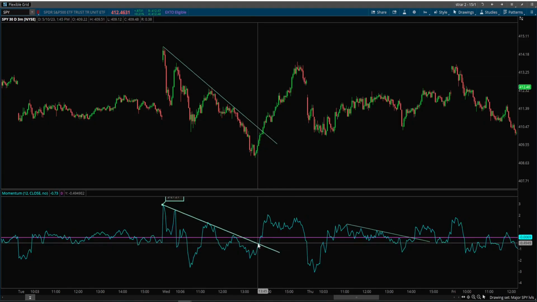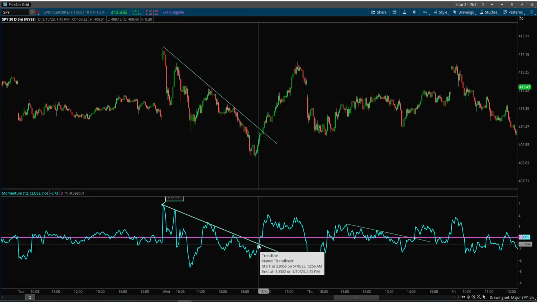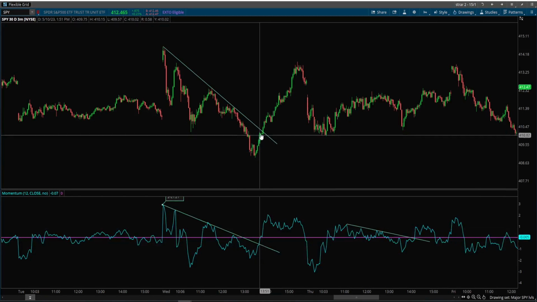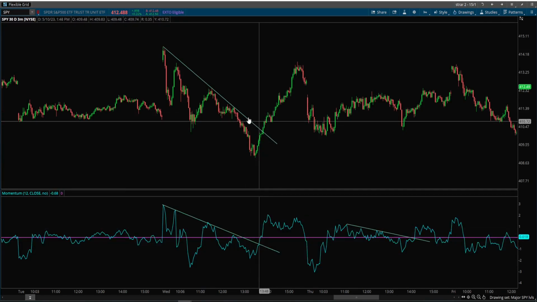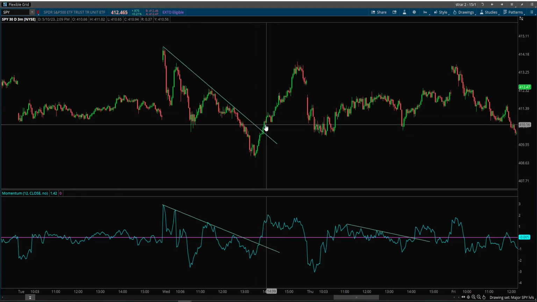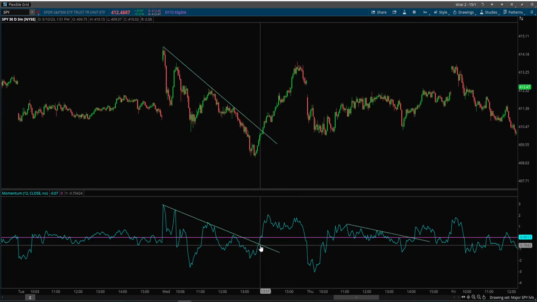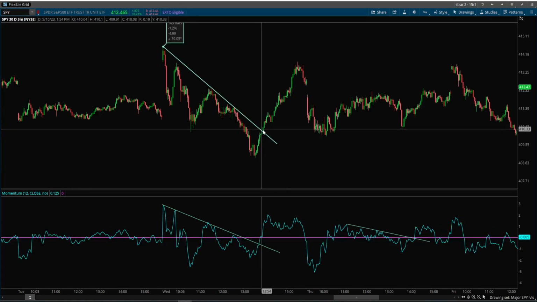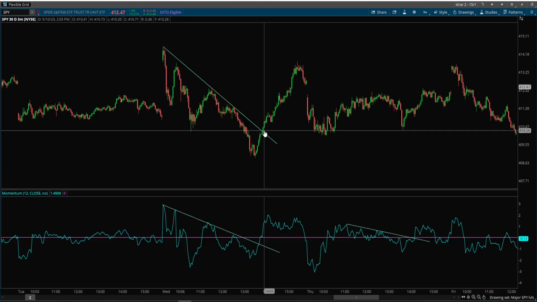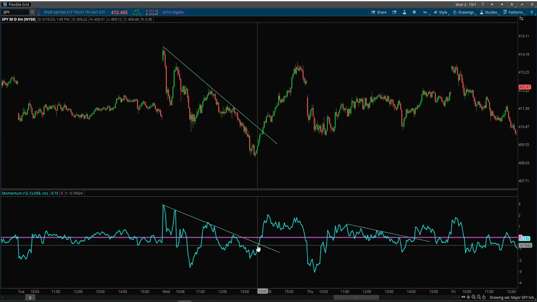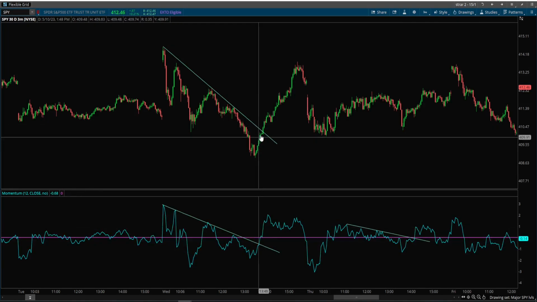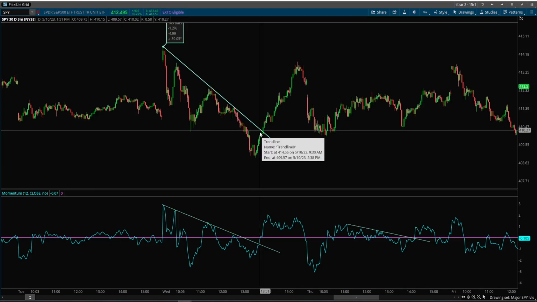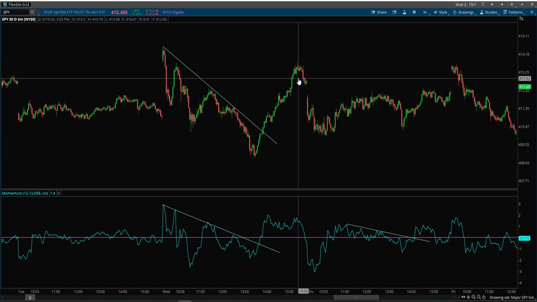So you see a momentum break to the upside here, and you see the price approaching this downtrend line, and you're expecting it to break to the upside and for a reversal here in price, right? This would be a good way to identify that this trend line is going to break here, right? Because you're already getting a momentum break and reversal to the upside, which did lead, right, before the price actually broke out to the upside.